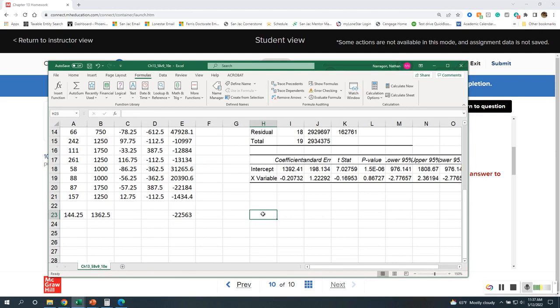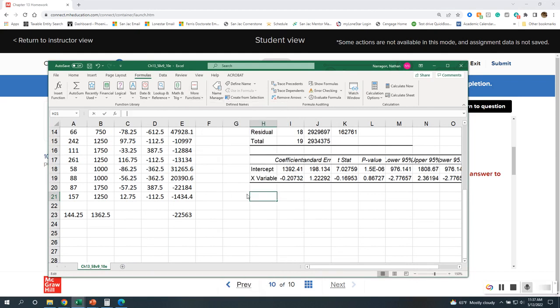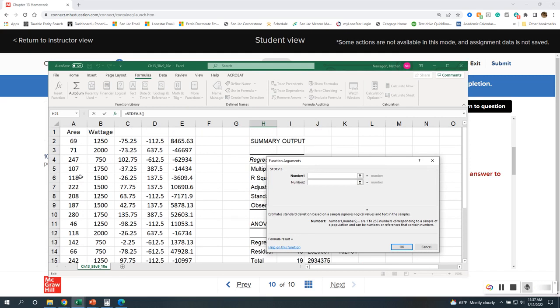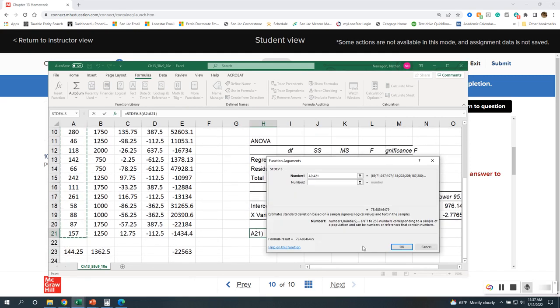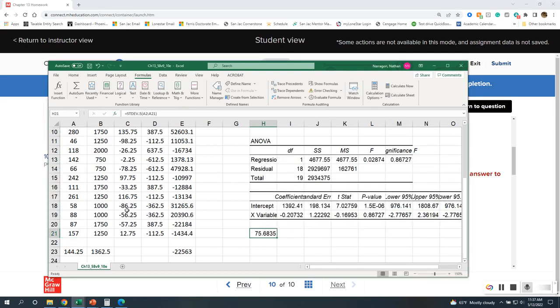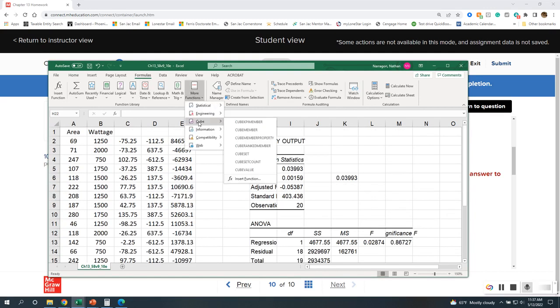So, for the formula, we still need the standard deviations. So, more functions, stats. Let's go find the standard deviation. Sample. Here's our range for our x. Hit OK. And then again, we're going to do the standard deviation for our y.